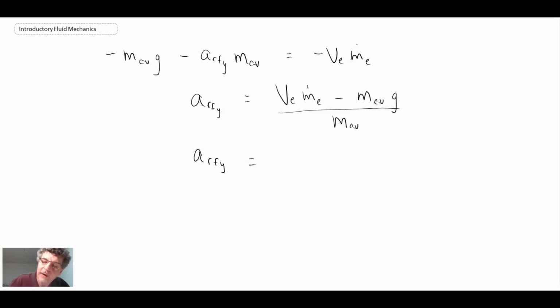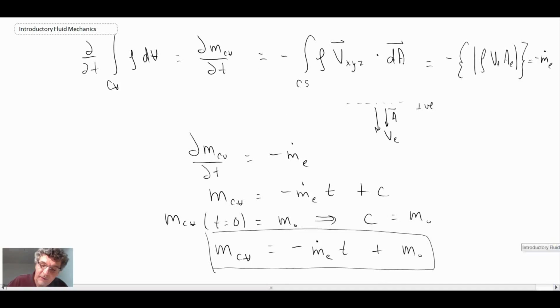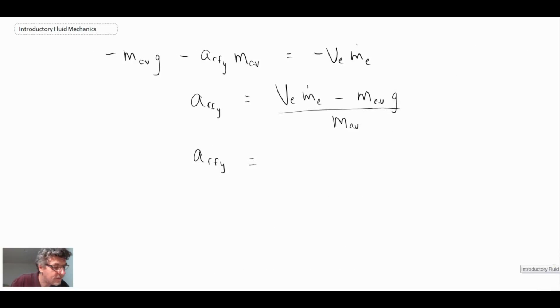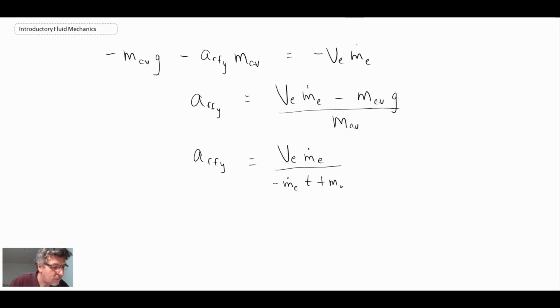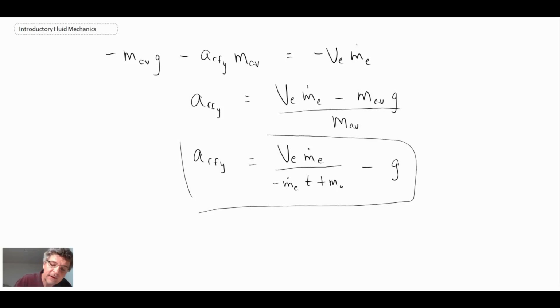And also I'm going to go back to the result that we got from the continuity equation right here and plug that in as well. And so we get this equation here for the acceleration.